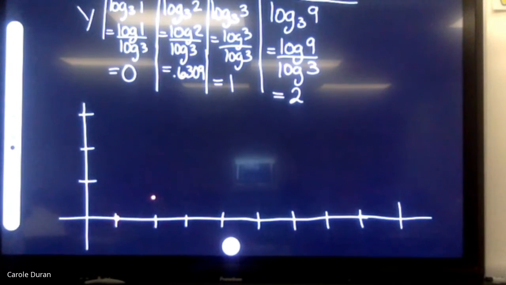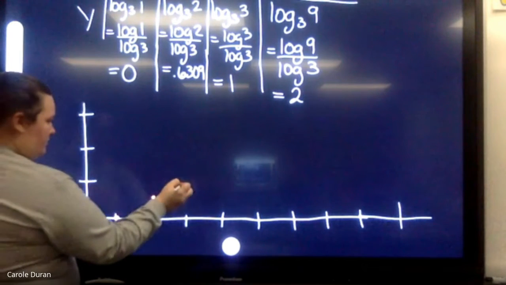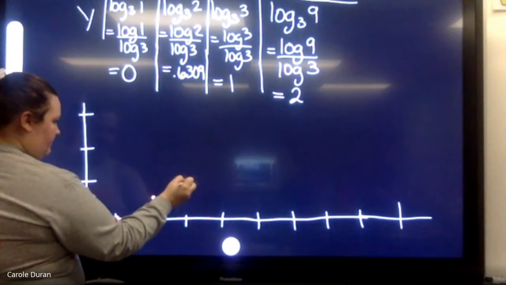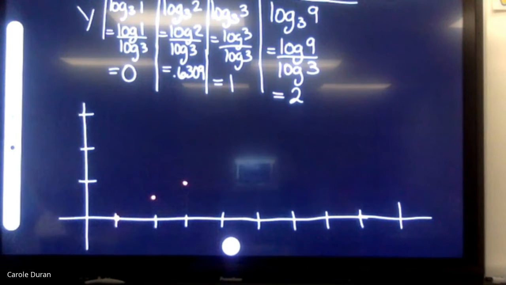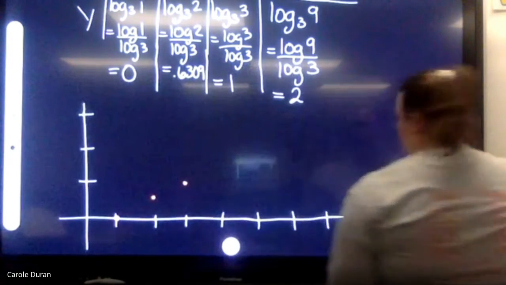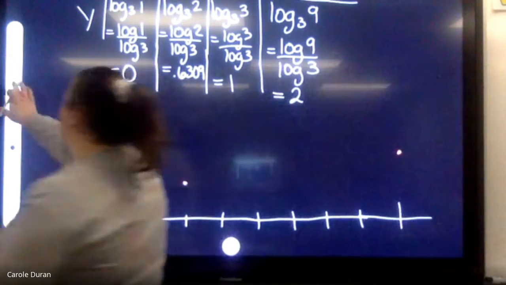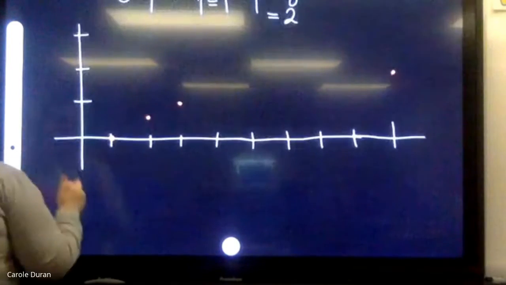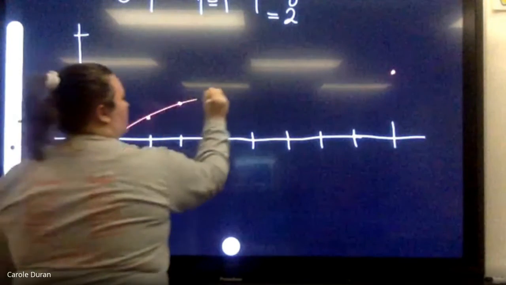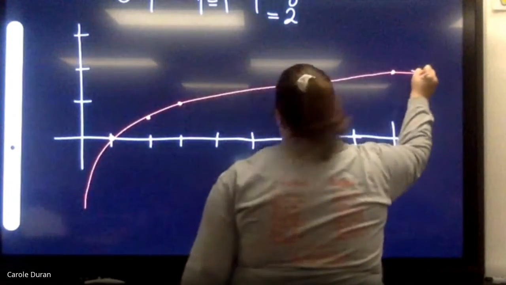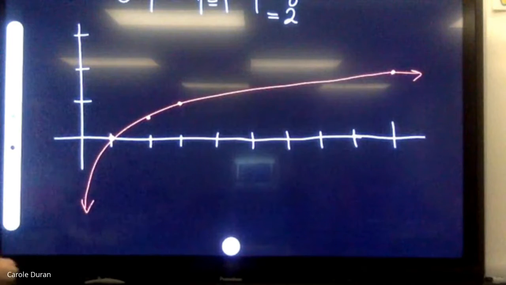When I plugged in 3, my answer was 1. Then I jumped all the way down to 9, and when I plugged that in, I got 2. Which means when I graph this, oh boy, that's terrible, but it works. It's going to look something like that.